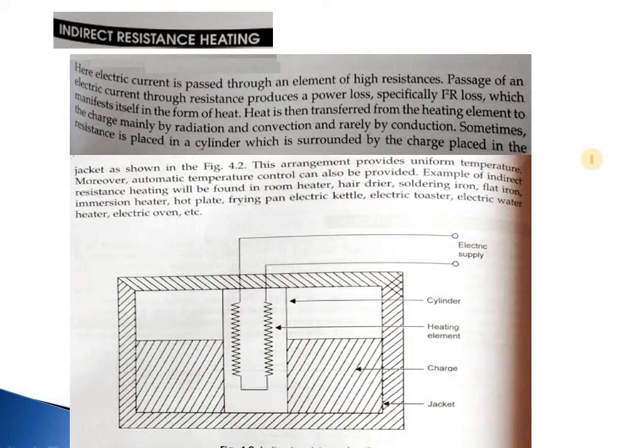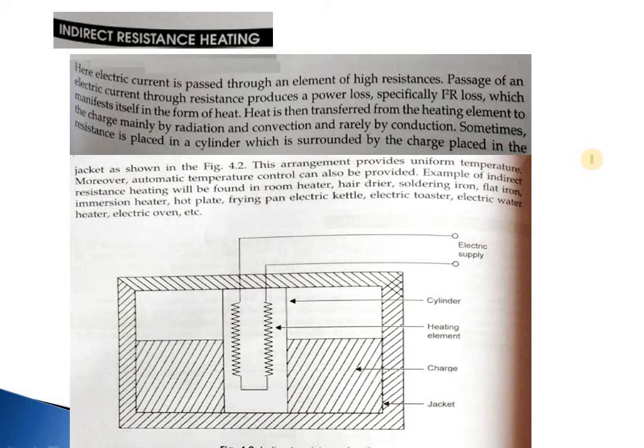Next one is indirect resistance heating. Here electric current is passed through an element of high resistance. Passage of an electric current through resistance produces a power loss, specifically I squared R loss, which manifests itself in the form of heat.